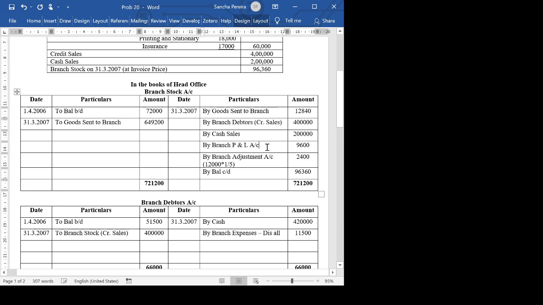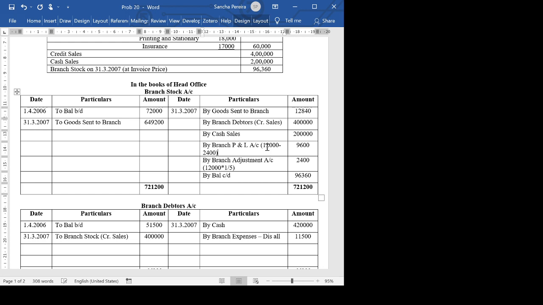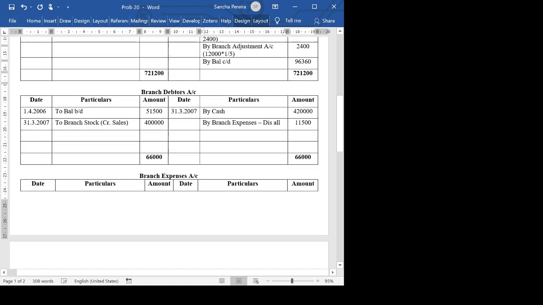How do I get 9,600 here? 12,000 minus 2,400. So calculate the profit element first, and the balancing figure would be cost. So of these 12,000 worth of goods that have not been taken into account, the actual cost was 9,600 and the profit element is 2,400. Transfer this accordingly in the respective accounts.